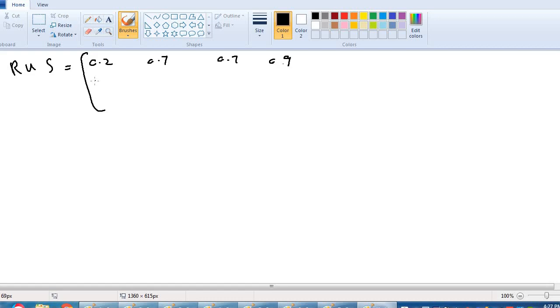We get the answer 0.9, 0.2, 0.2, 0.7, 0.7, 0.7, then 0.1, 0.3, 0.9, and then 1.